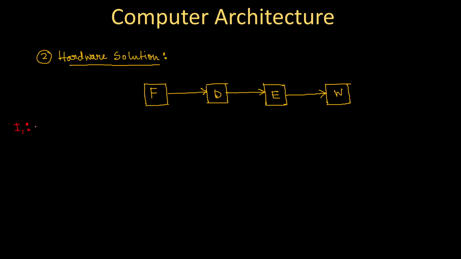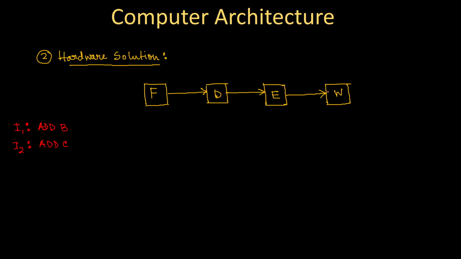I1 is add B and I2 is add C. So that means somehow we have seen that when this add B is fetched, then decoded, then executed, after execution completes, the result in the accumulator is actually on this data bus.